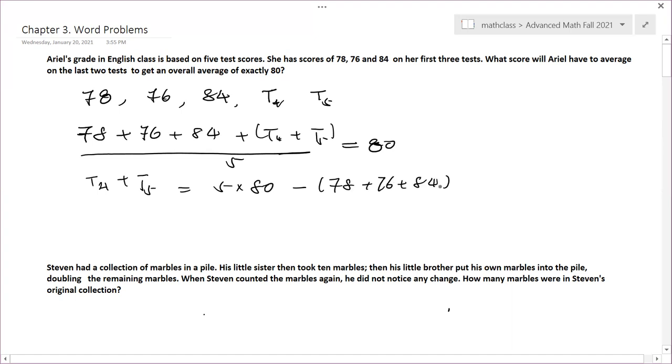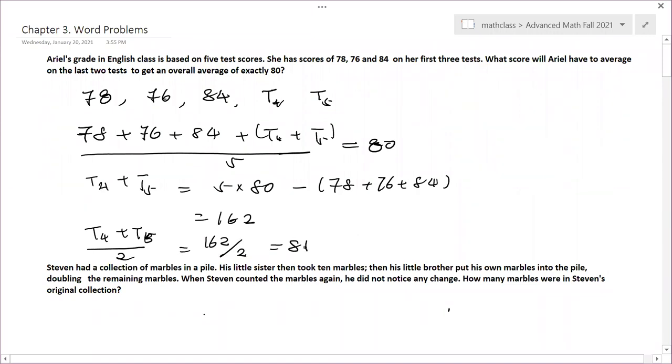Now let's calculate this number. 5 times 80 minus 78 minus 76 minus 84 is going to be 162. So the average score of the last 2 tests is 162 divided by 2, which is 81.